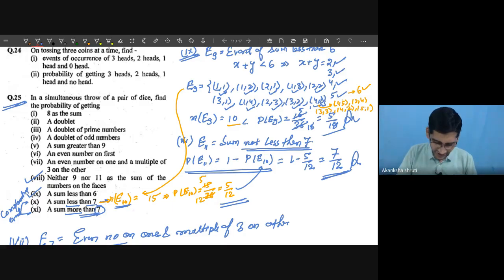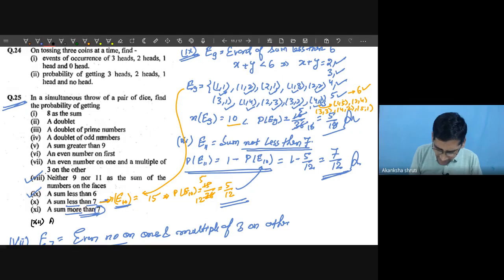So this is the additional question basically. These two are not complementary. The complementary is not less than 7. So write one more question. That is a good thing.